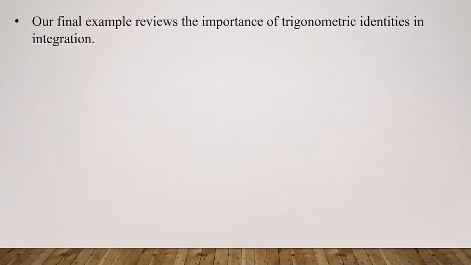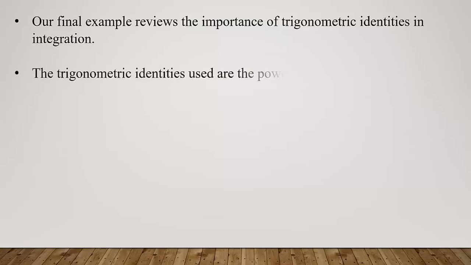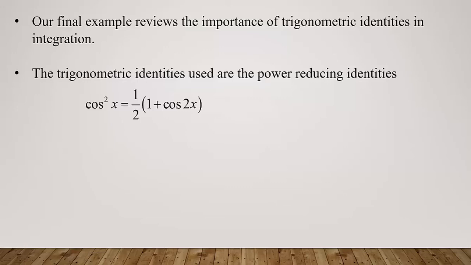All right, our final example, we're going to review the importance of trigonometric identities when it comes to integration. You still need to remember all the trig identities. They're still all fair game. For this next example, the trig identities that I will use are the power reducing identities.